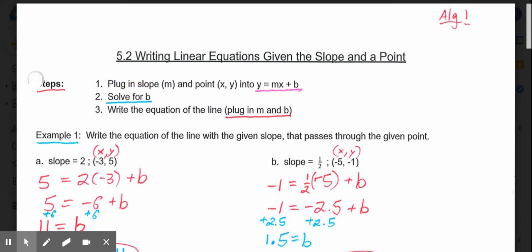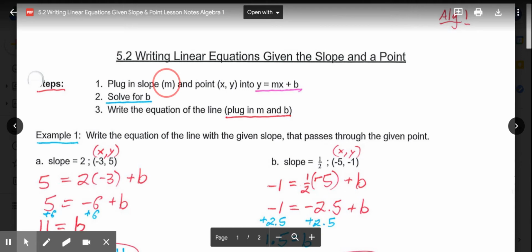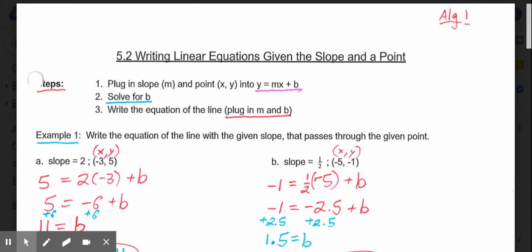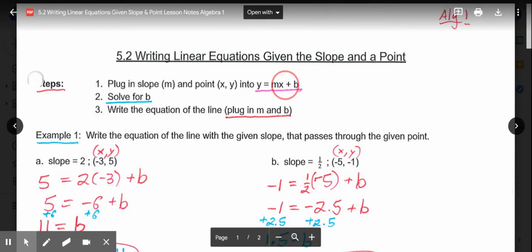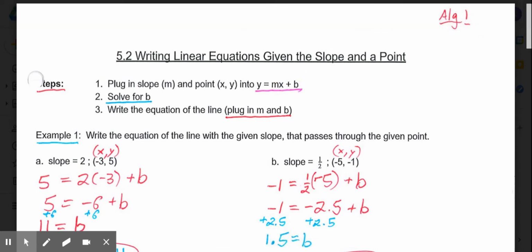We'll be plugging in the 3 parts we know and using algebra to solve for b. Then we'll write our final equation, using the slope they gave us and the y-intercept b that we solved for, in y equals mx plus b.